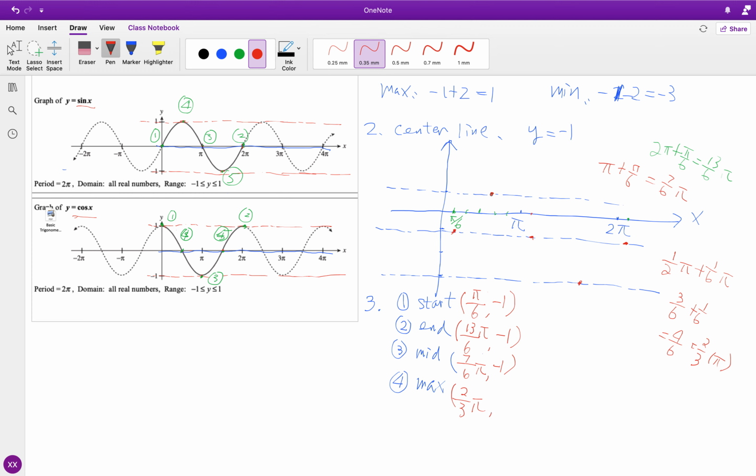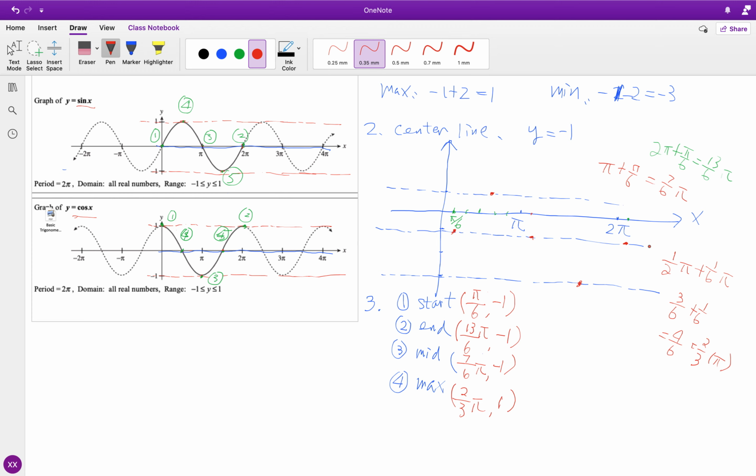And now what is the max here? The max here is 1. So that is our point. And then this down here is our lowest point. It is between 7 over 6 pi and 13 over 6 pi.